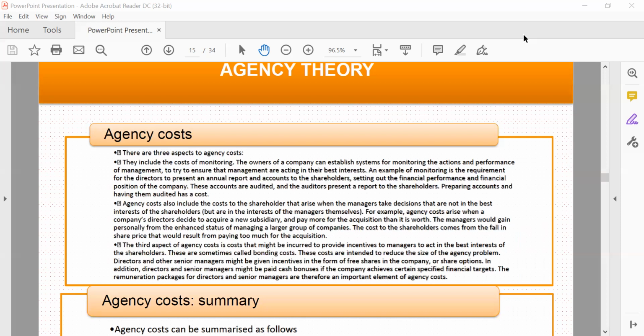So let's say a company decides to venture into the acquisition of another company, right? And decides to acquire a new subsidiary. Now, what directors might do that might be in their own selfish interest is to pay more for the acquisition than it's actually worth.